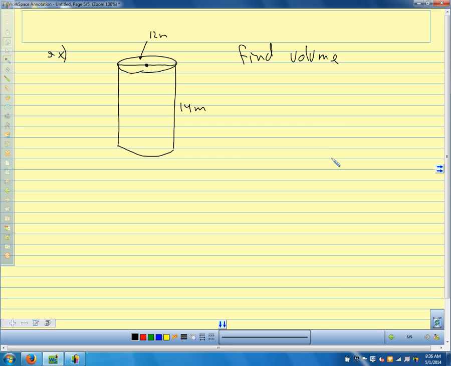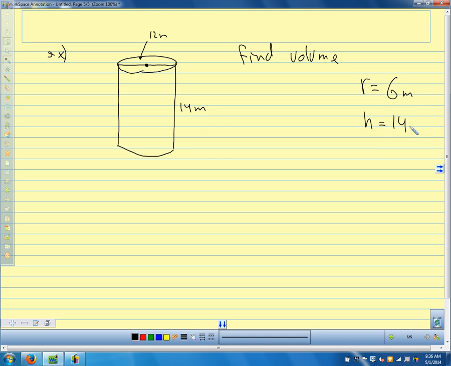So we need the area of the base, so we need our radius. So what's the radius of our cylinder? Six. The diameter is 12, so the radius is 6 meters.